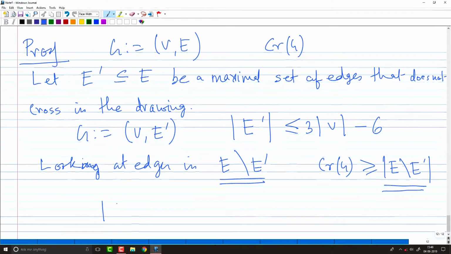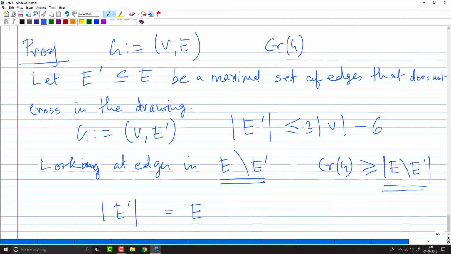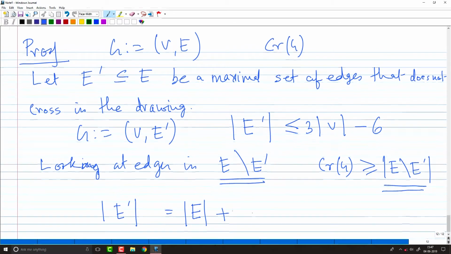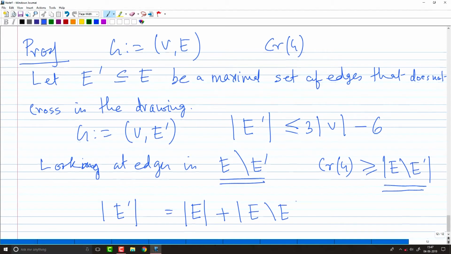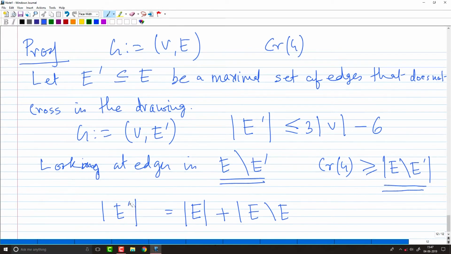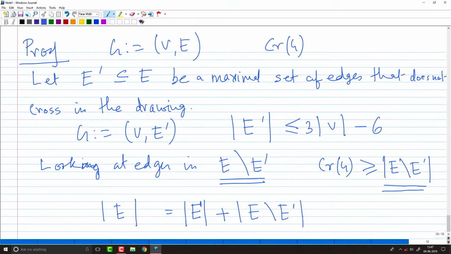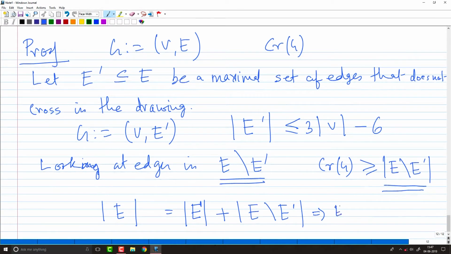But what is the size of E prime? Size of E is size of E prime plus size of E minus E prime. In the planar bound, just replace the size of E prime with size of E minus the size of E minus E prime.